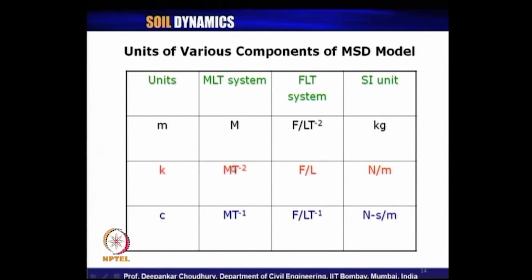For stiffness, the unit is mass by time square, that is M T to the power minus 2. For the damper, the unit is mass by time, that is M T to the power minus 1.